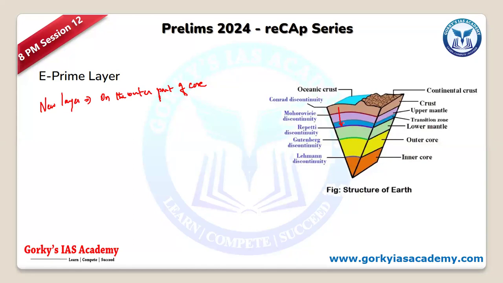Okay. So what happens there? When they go to this particular core mantle boundary, continuously for billions of years, what happened to this particular layer?